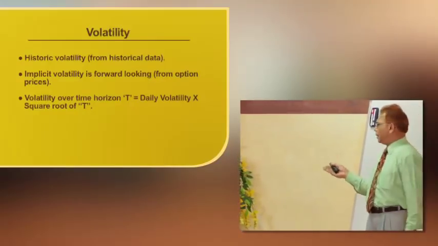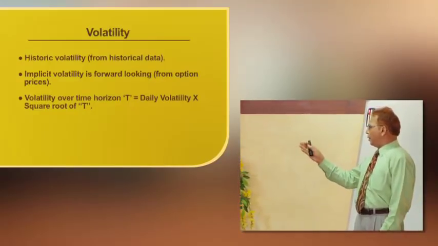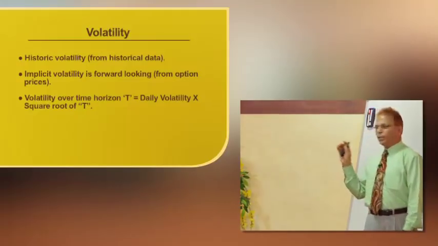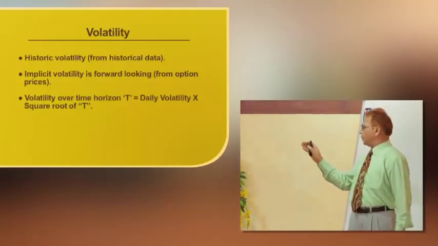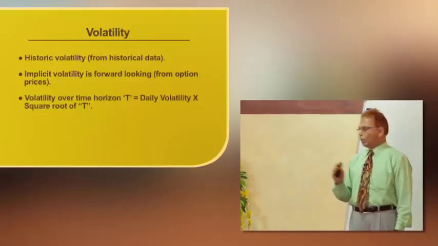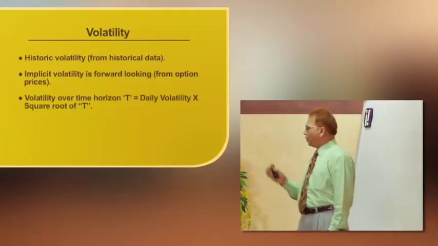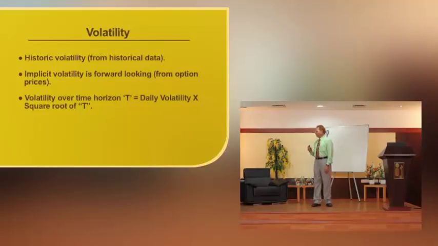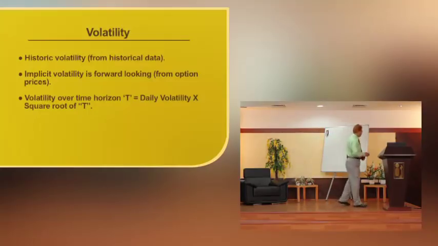Now what is the relation between the two? If you want to know the volatility over a time horizon T, basically if you know the daily volatility, the rule is, suppose you want to get the volatility over time period 10. Let us try this on the board.